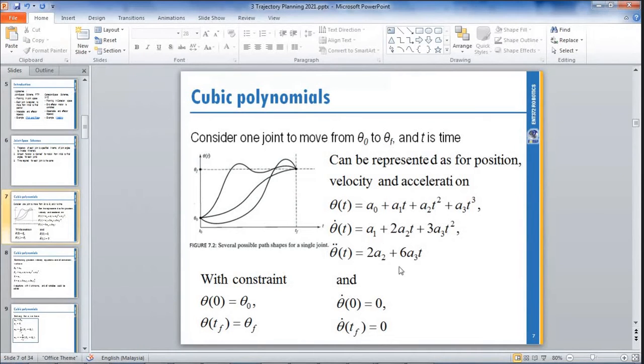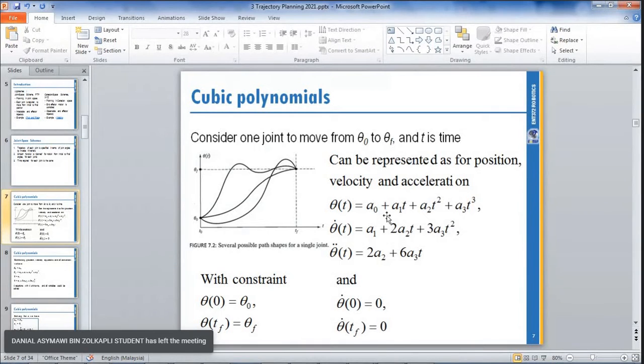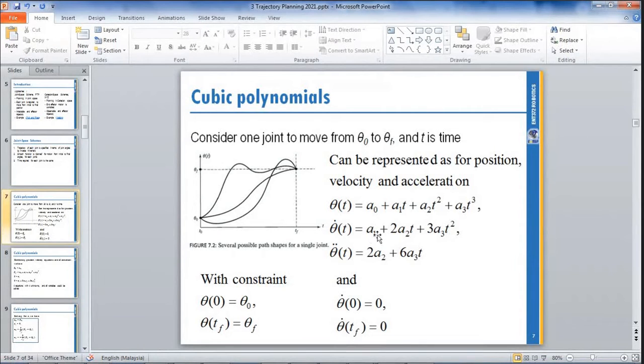And this is the equation for acceleration, similar to the velocity formula. Once you differentiate again with respect to time, your a1 cancels out because t power of 0 is a constant.